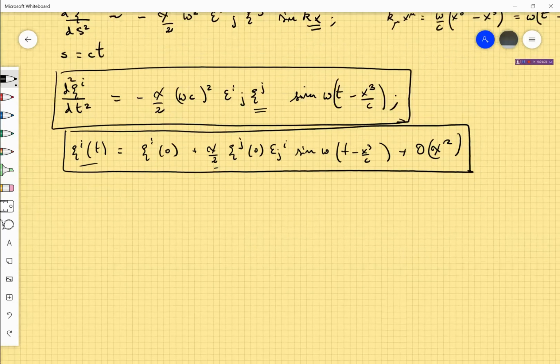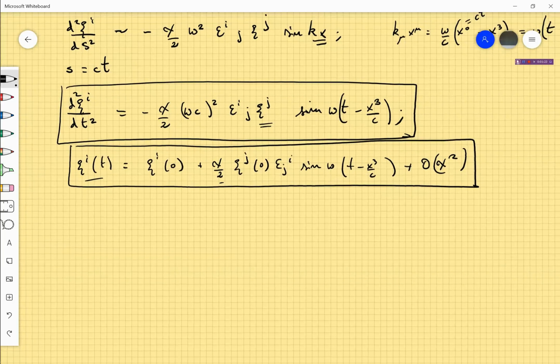Now, because of the choices we have made, you see that epsilon ji only has non-trivial components in the directions 1 and 2. So if the index i or j is 3, nothing happens because epsilon vanishes, and for instance psi 3 of t is just psi 3 of 0.